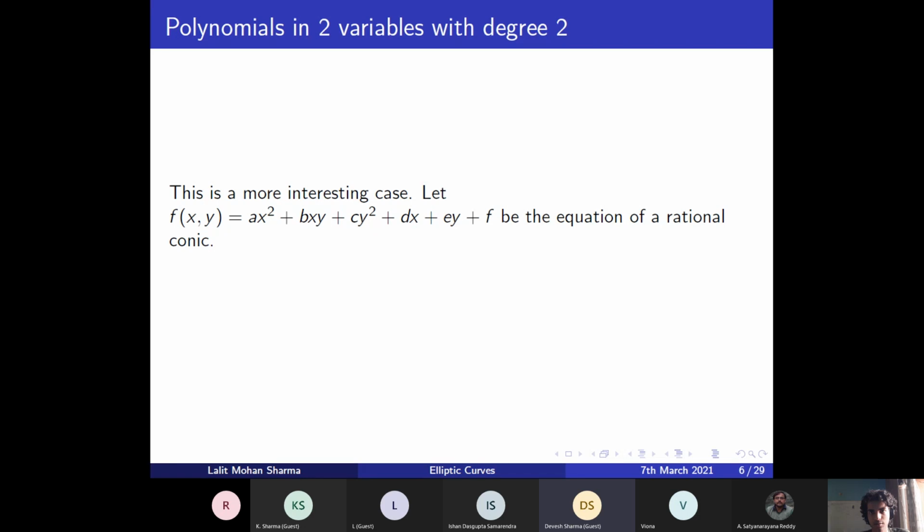Maybe we can consider it as a quadratic equation in x, then solve for x. The problem with that is that if you take some random rational x, you don't know whether, when you solve for y, that y would be rational or irrational, because with the quadratic formula you get a root.